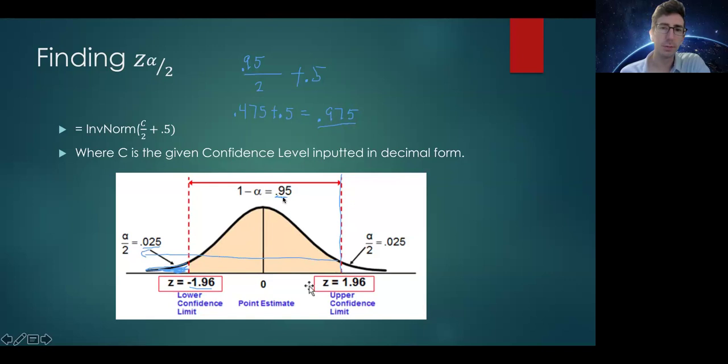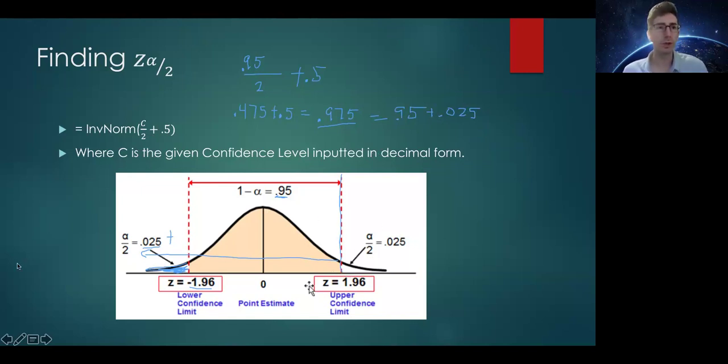So you're really adding this 0.95 and this 0.025 out here to the left to get the 0.975. So this is kind of just a shortcut or trick to get the area under the curve of your higher z value cutoff based on that alpha level that you've got.